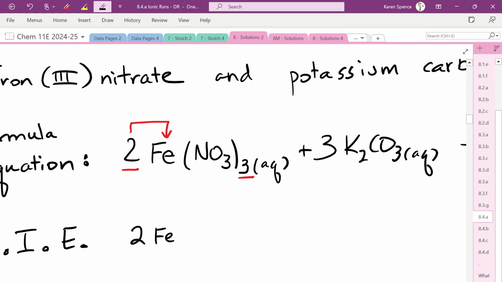And what have I missed? My charge. So that's going to be a 3 plus, aqueous. Now, I need the coefficient and the subscript for nitrate. So that's going to be 2 times 3 is how many nitrates? 6 NO3s.